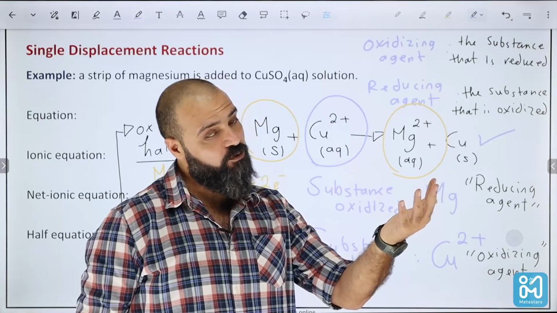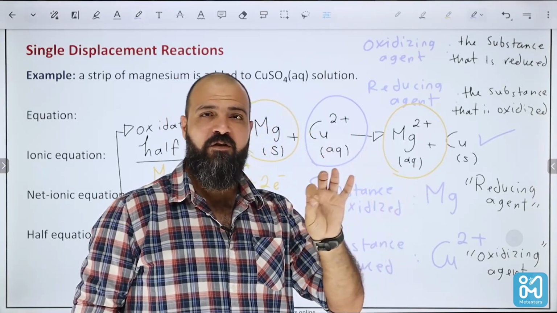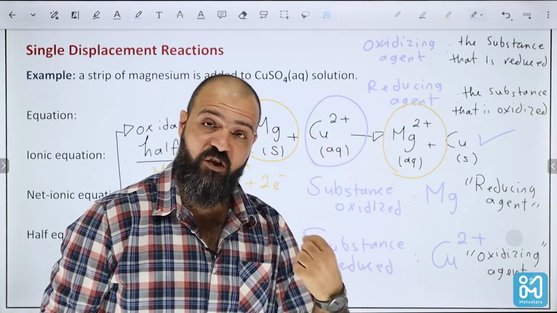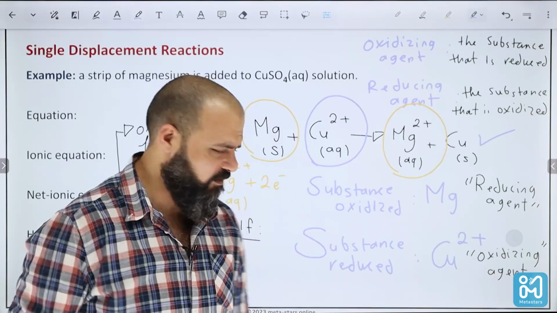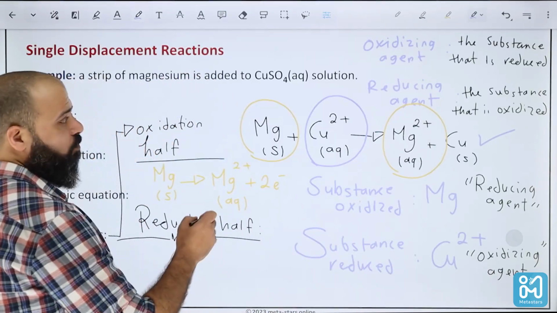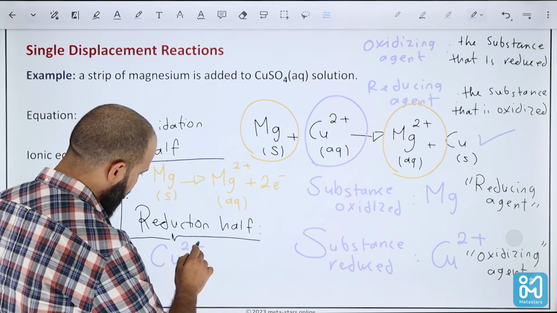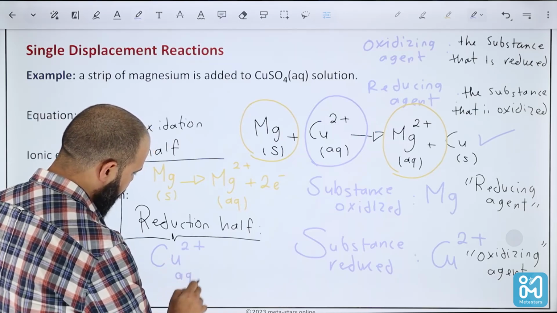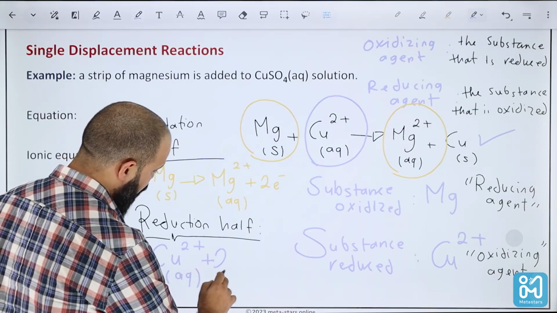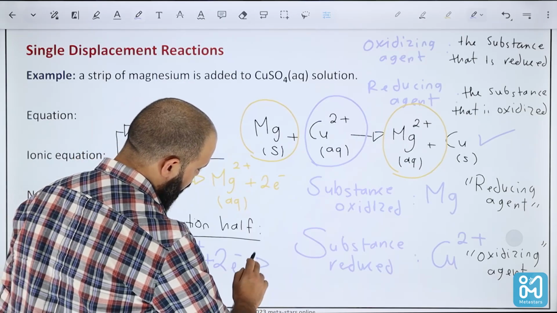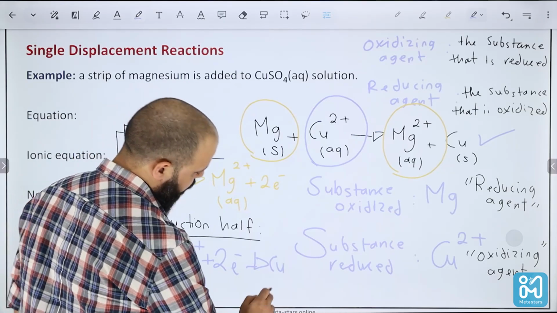So if we want to write reduction halves, we have to write electrons on the left side of the equation as part of the reactants. So copper ions, Cu2+ aqueous, plus 2 electrons gives Cu solid.